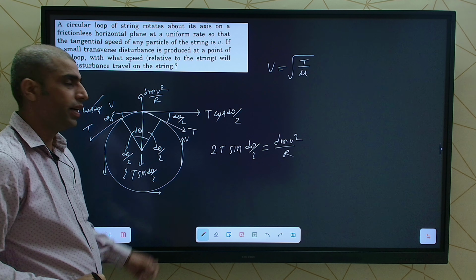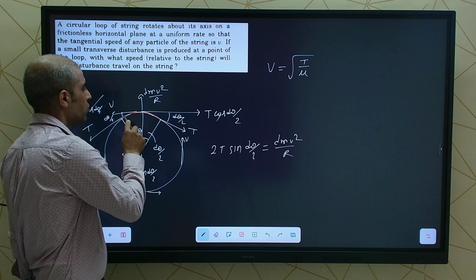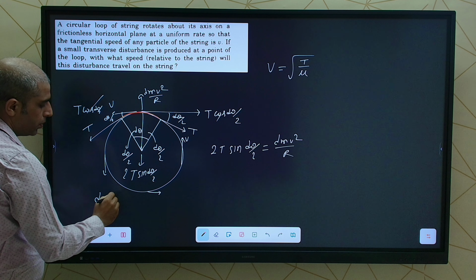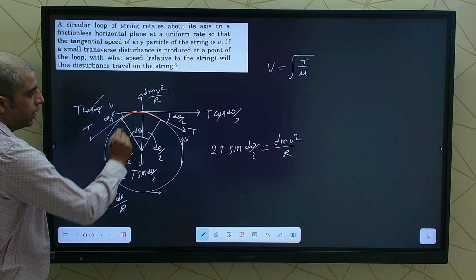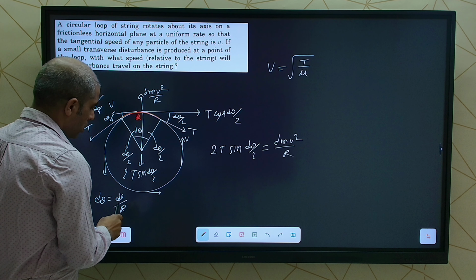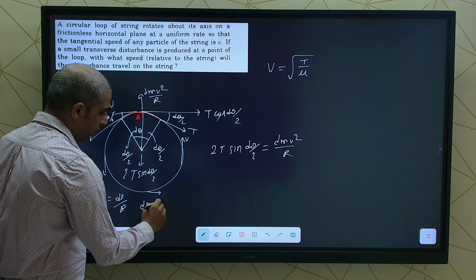Now our aim is to find dm, the mass of this element. So d theta equals how much? dl by r, right? dl is the length of this element. Then the value of dl equals r into d theta.